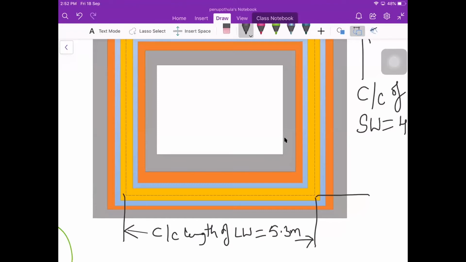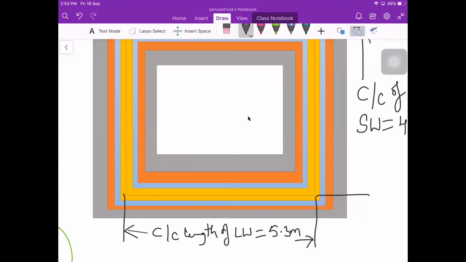Whenever we are taking the length of each item of work, we need to consider the plan of that item at the corresponding level. Okay, done.